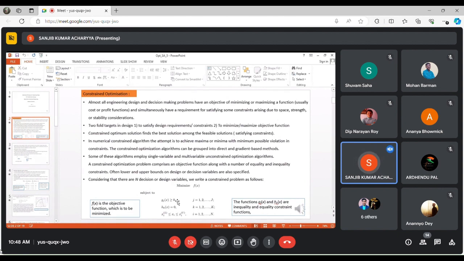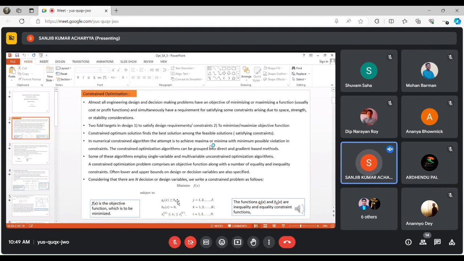Now we have to identify what can be the logic, what can be the technique by which we can assess the quality of the solution based on the constraint function also, the feasibility of the solution also. It will be the new task for the constraint optimization problem. Is it understood? Yes, sir.